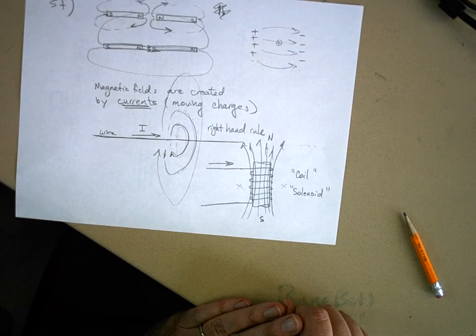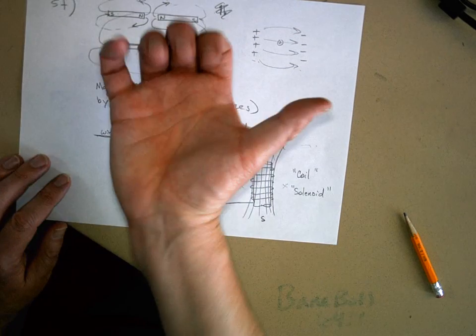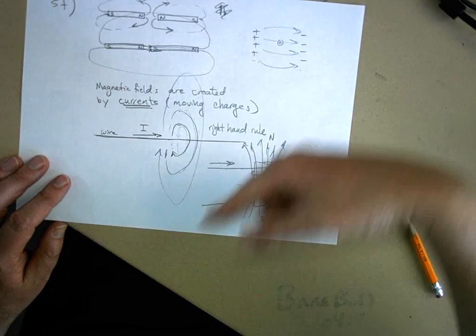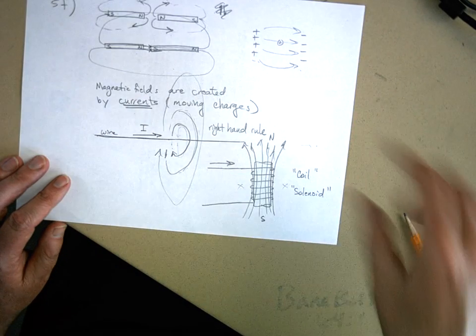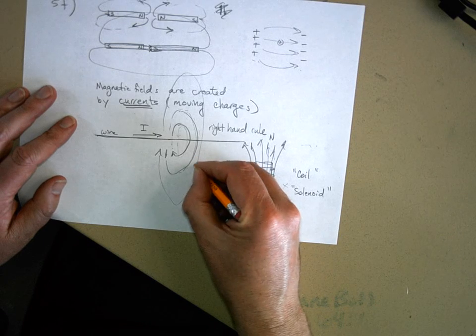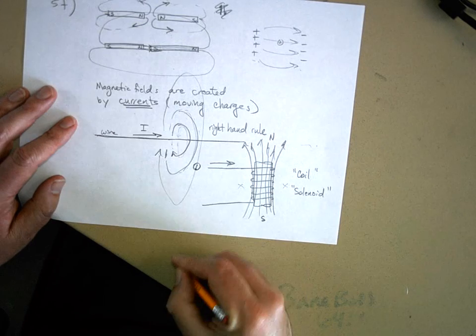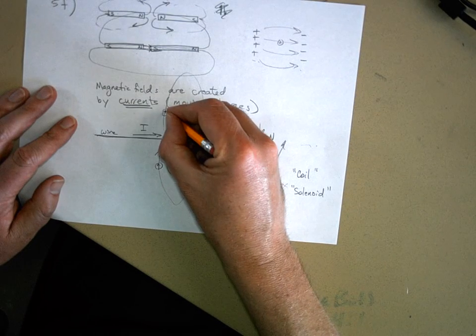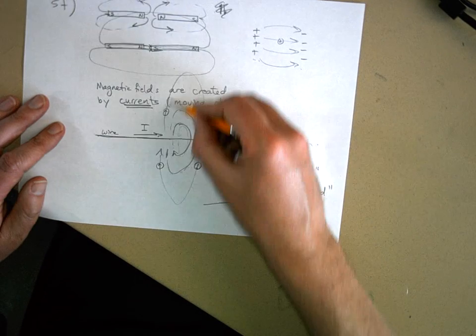Grab the wire with your right hand and watch your right fingers curl around. That'll tell you the direction of the magnetic field. If I put a compass right here, it'll point in the direction of the magnetic field. Compasses point in the direction of a magnetic field. Okay, so it'll go up and then down.